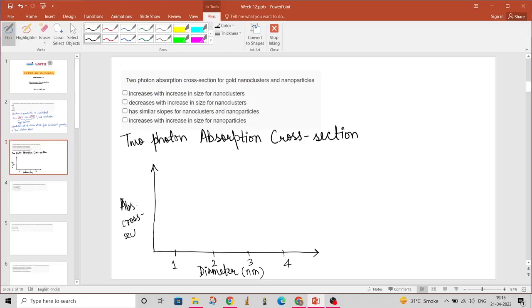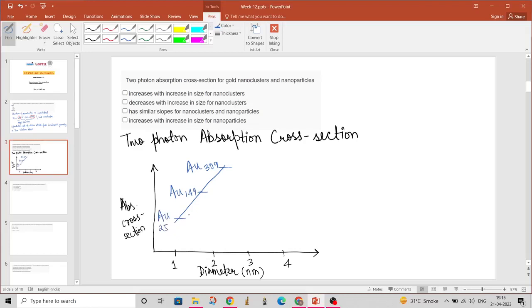Y-axis is absorption cross-section. Now for clusters, it goes like this. So there is Au309, Au149, Au25.